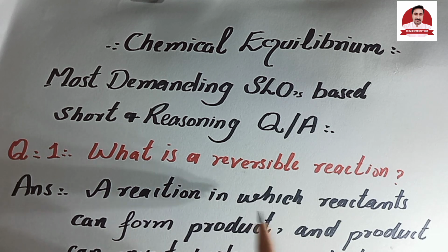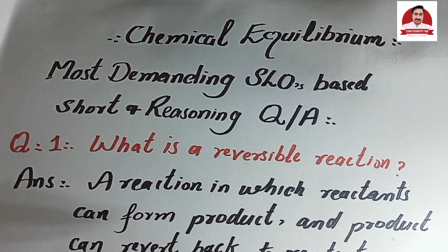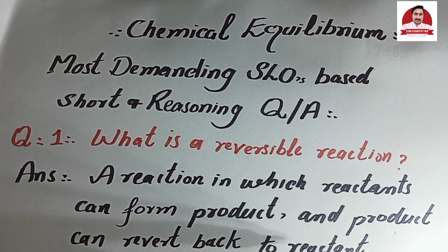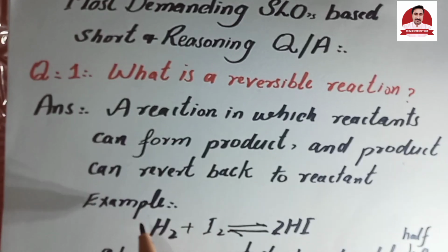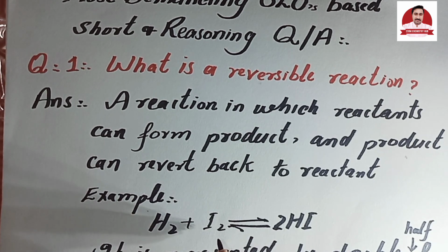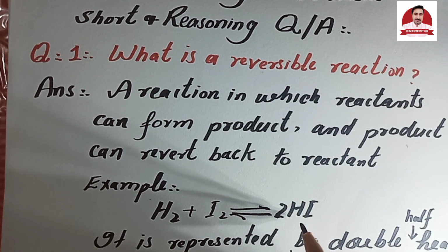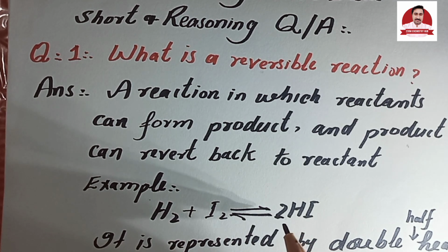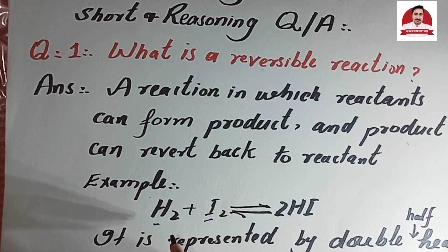A reaction in which reactant can form product and the product can revert back to reactant. Example: when hydrogen and iodine react with each other, they form hydrogen iodide, and then this hydrogen iodide will reverse back and form iodine and hydrogen.